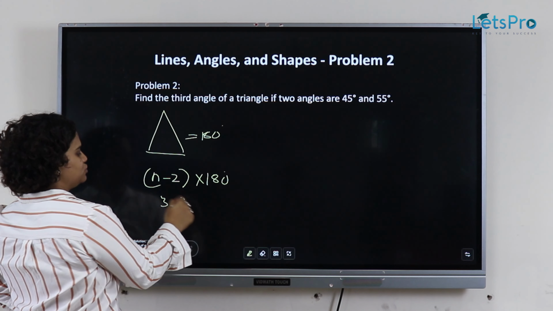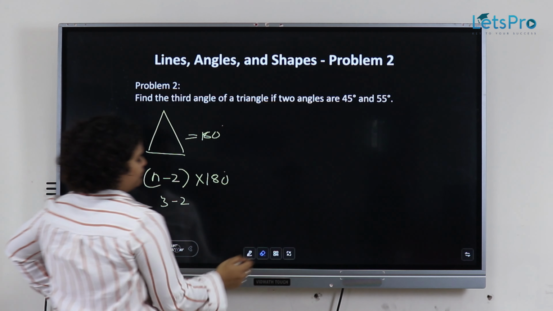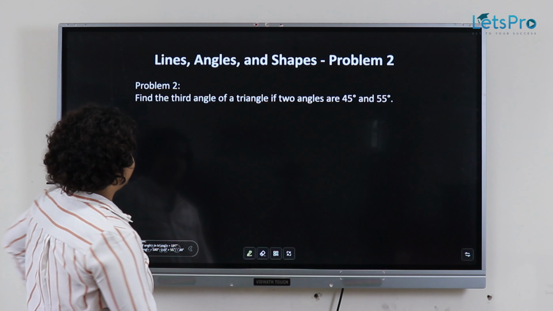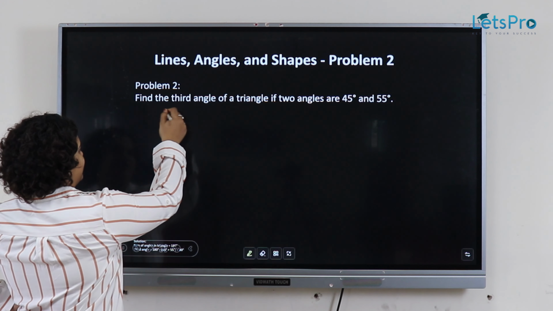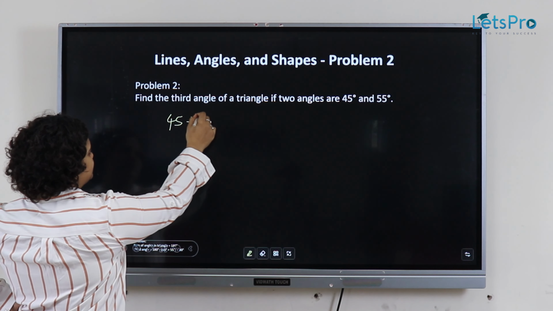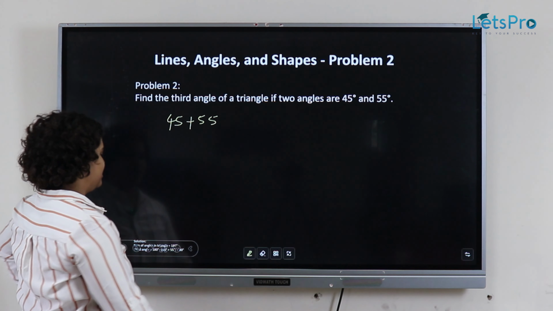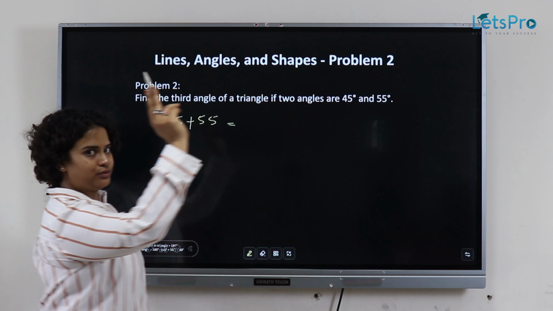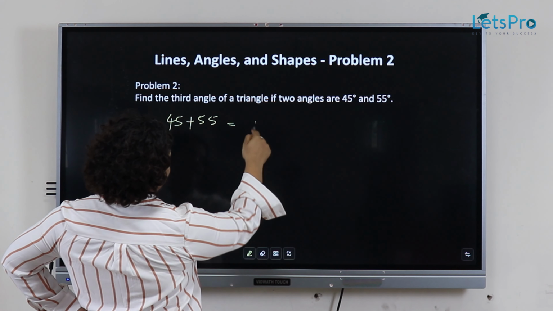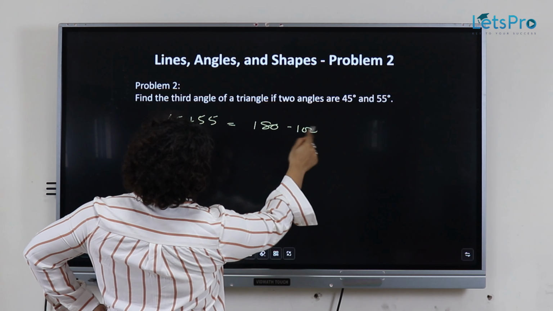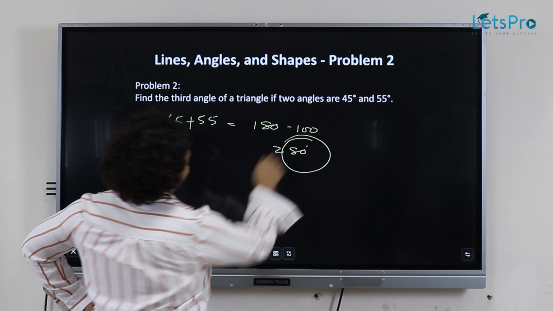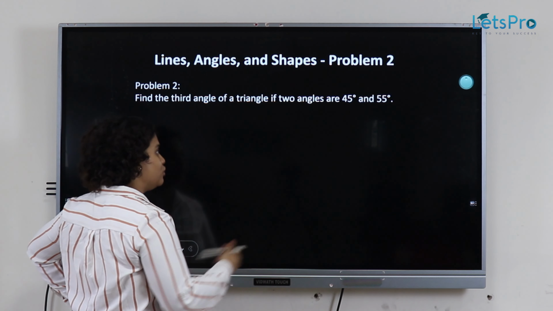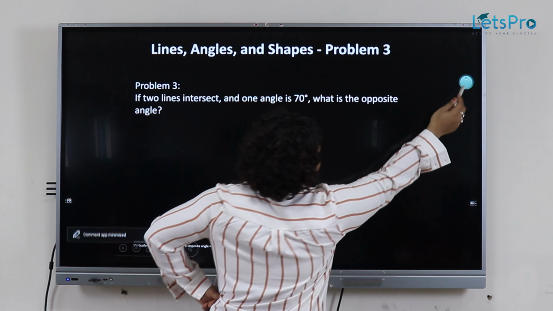So 3 minus 2 is 1, and 1 into 180 is 180 degrees. So this is also a polygon, with n minus 2 into 180 degrees. Anyway, we have 45 plus 55, which is simply 100, and 180 minus 100 is simply 80. So the third angle is nothing but 80 degrees. You can solve it verbally if you know that the total sum is 180.